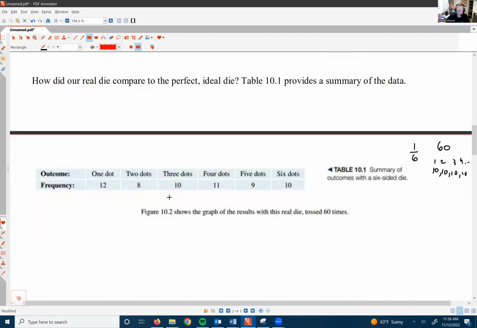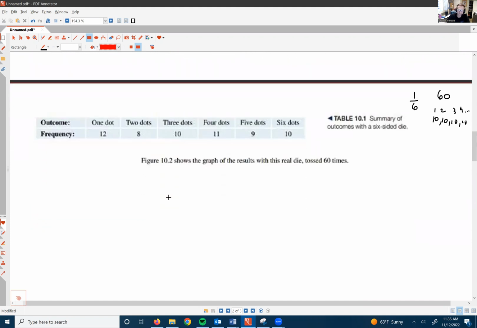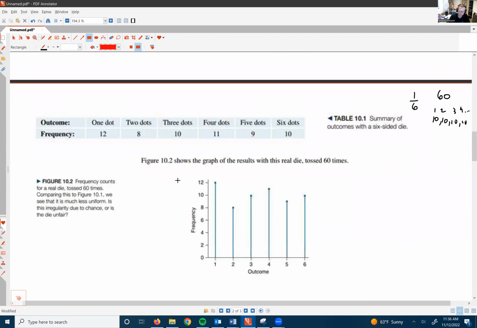The following figure shows the graph of the results with our real die. So we see that the 1 dot landed 12 times. The dot 2 landed 8 times, dot 3, 10, dot 4, 11, dot 5, 9, and dot 6, 10 times.